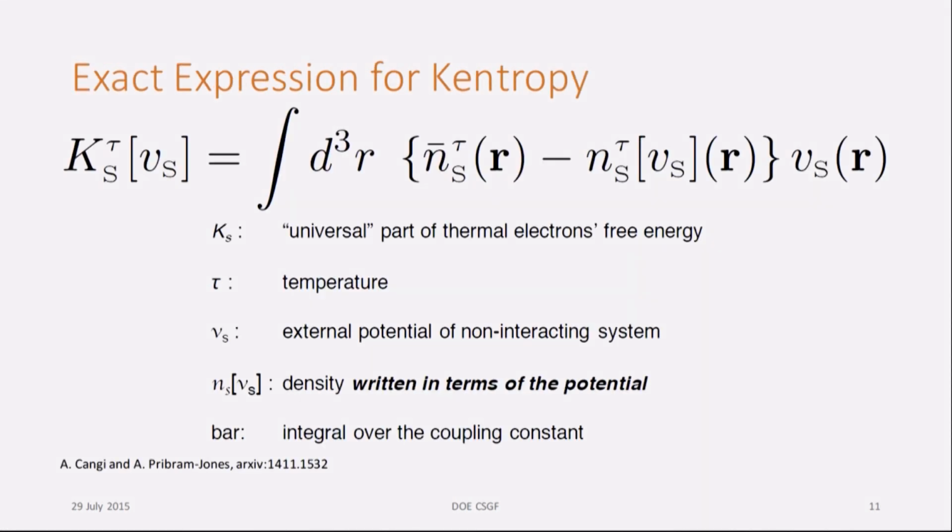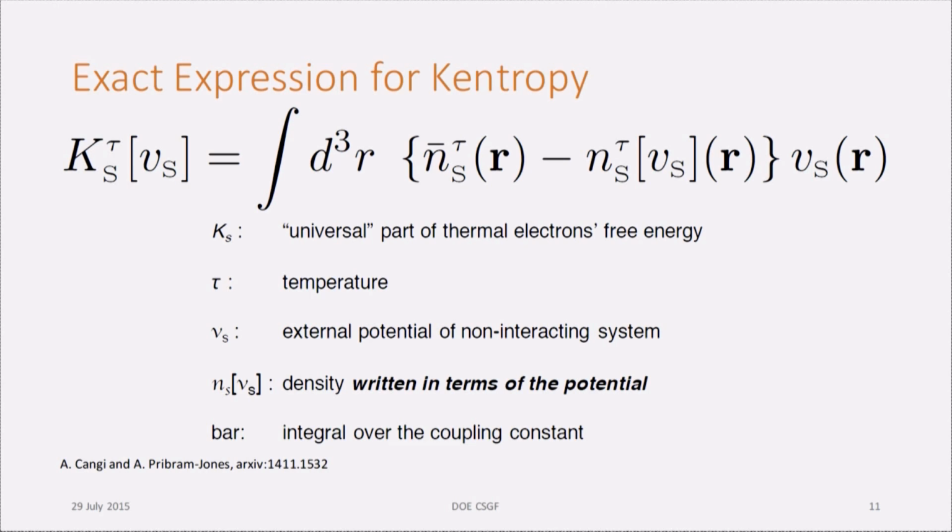So my main contribution here has been in developing the formalism. And so this is the major result that we have that allows us to make a key difference between the way normal orbital-free methods and density functional theory work. So what we can do is take this entropy, which is the universal part of the free energy of a non-interacting system of electrons. So these are the things that don't really depend on where those electrons are sitting. Like electrons sitting next to each other have a certain kind of interaction, whether they're in a deep pit or in a shallow bowl.